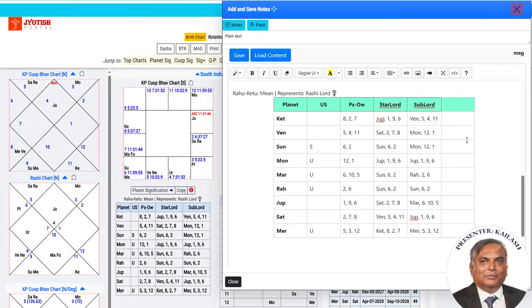If the majority of the planets indicate these, then a person's life will be dotted with some kind of struggle on the material side: financial struggle, job, business, career. And if the majority of the planets are 2, 6, 10, 2, 6, 11, then that person will be successful from the material point of view. And if both combinations are there, then their life is going to have ups and downs.